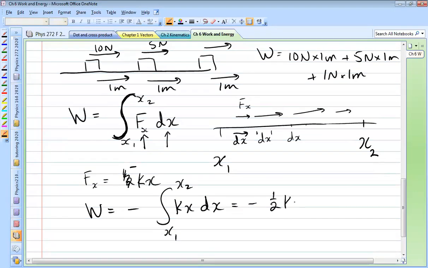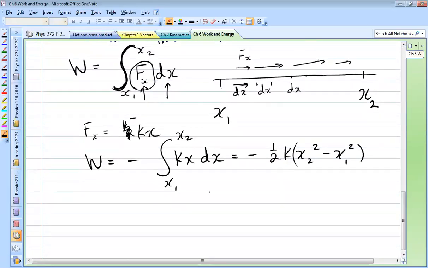That's 1/2 k times x2 squared minus x1 squared. That would be the work done if a spring is pushing on a mass as it moves between x2 and x1, where k is the spring constant. So it's this force in here. Often it is from a spring, which we know the formula, negative kx. Or sometimes they'll just give you a random function. You just put it in and integrate.